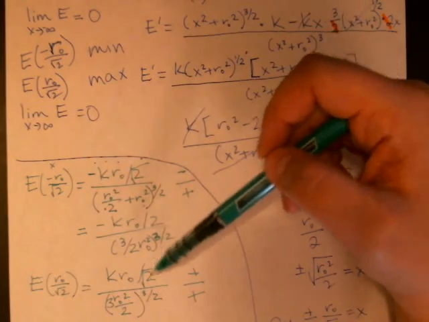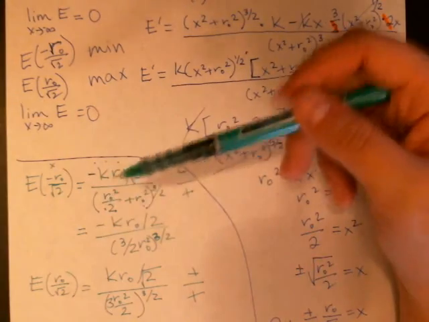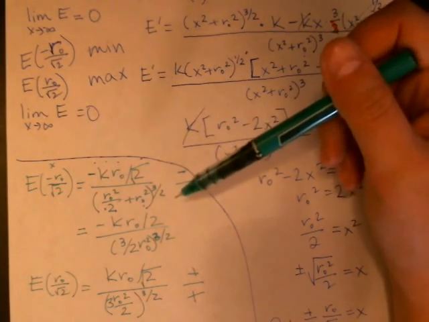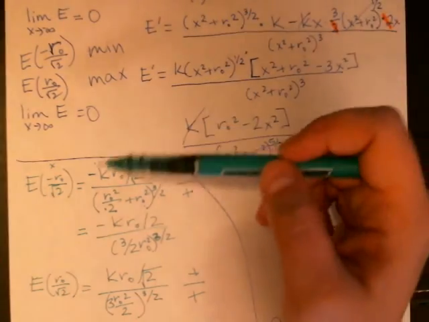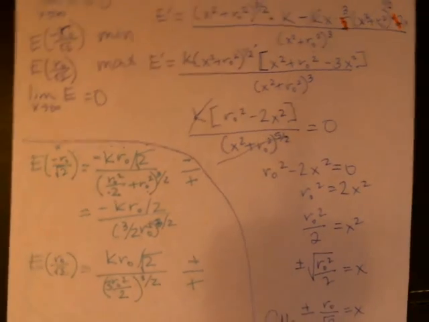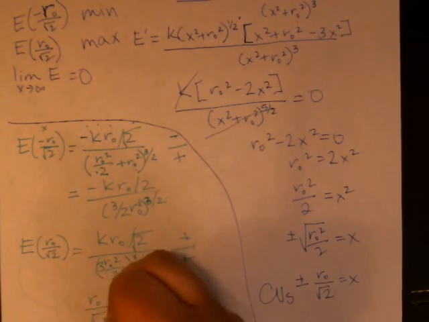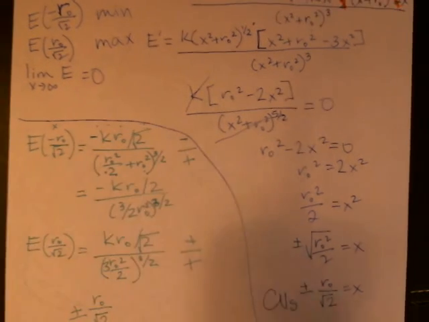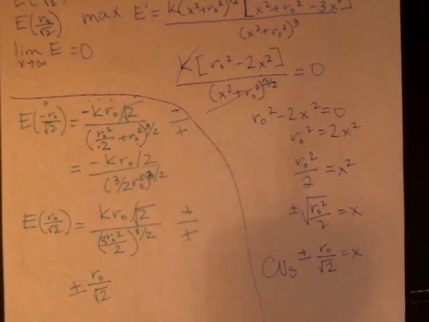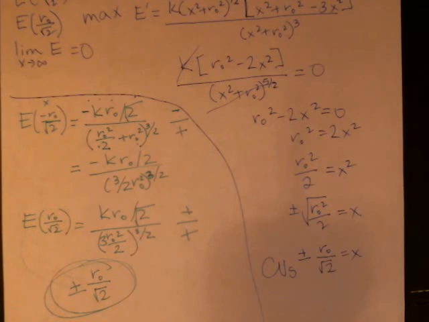So I think technically the answer is the field is greatest at plus or minus r naught over the square root of 2, but again, the calculus version, if we're not really thinking about that or sure about it, we could just pick the positive one. I would take that for sure, say that's greatest. So I'm going to say the bottom one because that really sounds right to me, but again, I wouldn't penalize you for not realizing that maybe the negative was just a direction and really meant the same thing. So that is my answer.